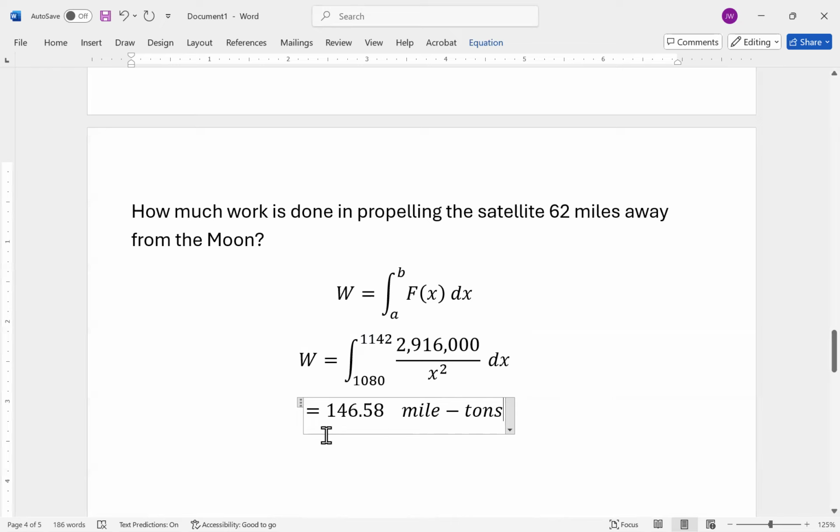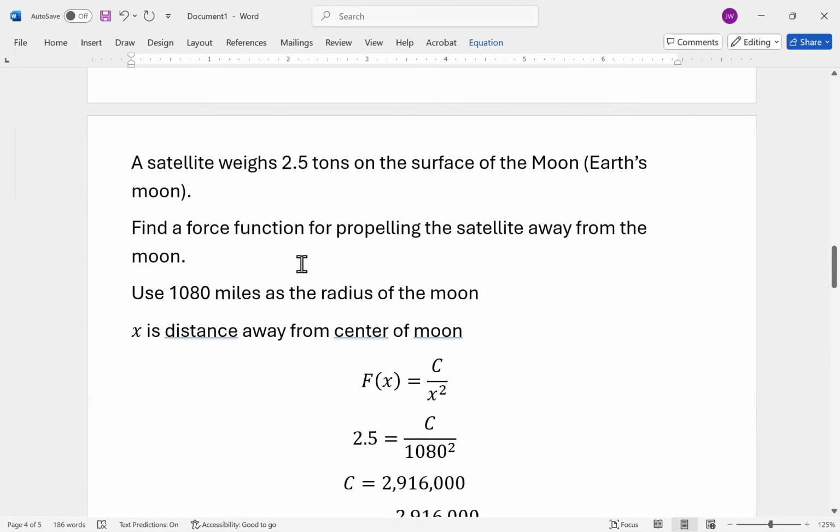Notice how much less work is done propelling a satellite 62 miles away from the moon. And the interesting thing is, this was the same satellite, because it turns out if something weighs about 15 tons on the surface of the Earth, it would weigh 1/6 of the amount, roughly, on the moon. So that's about 2.5 tons on the surface of the moon.